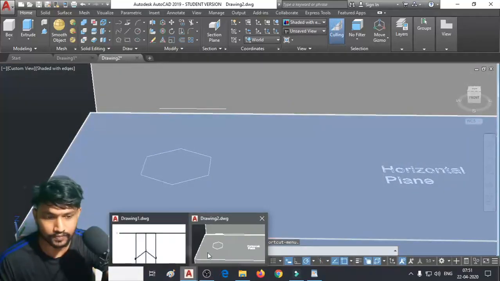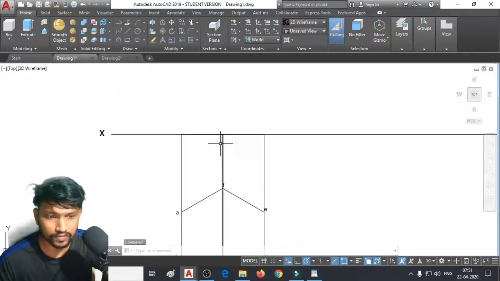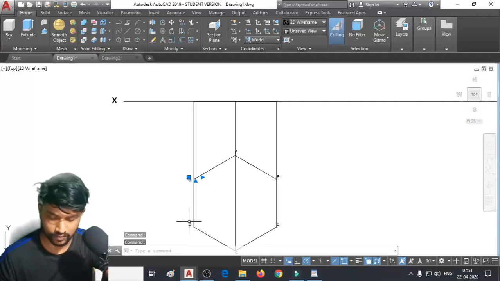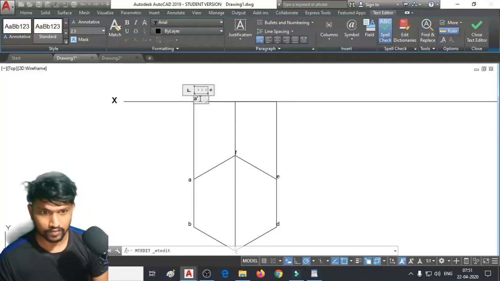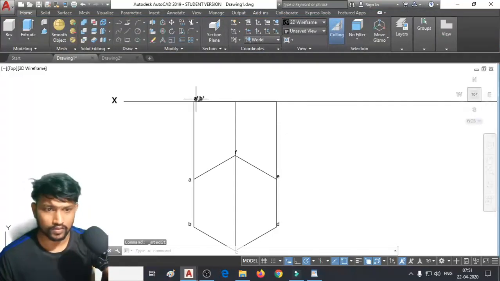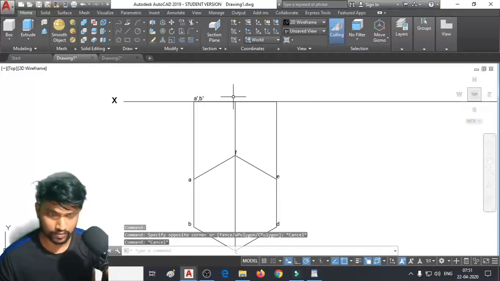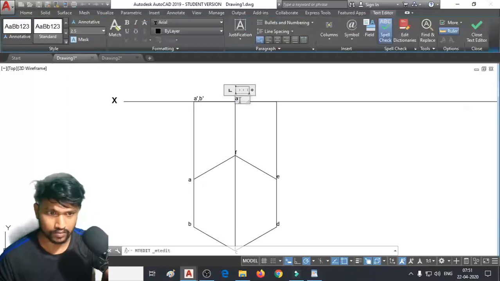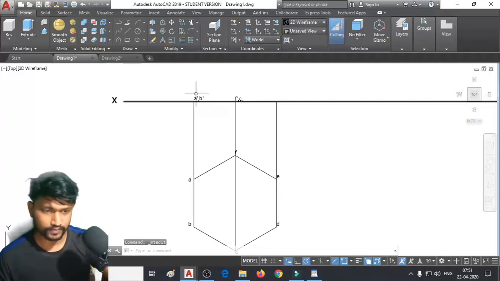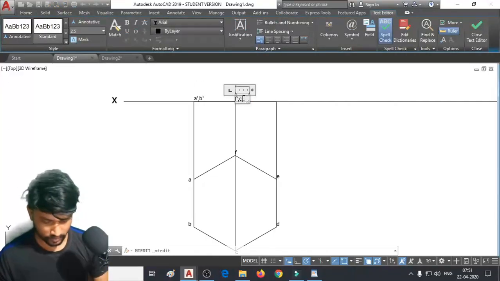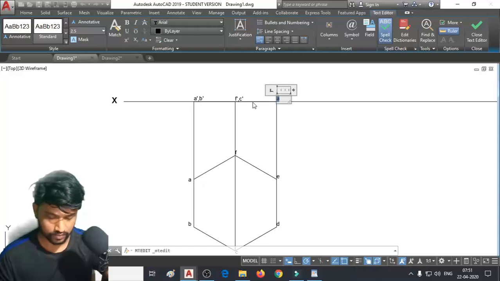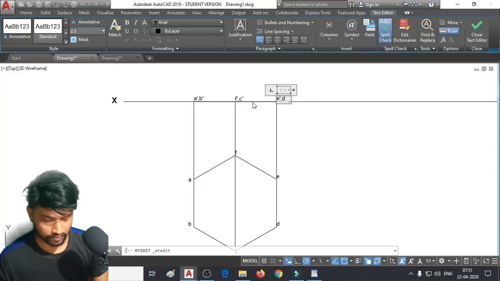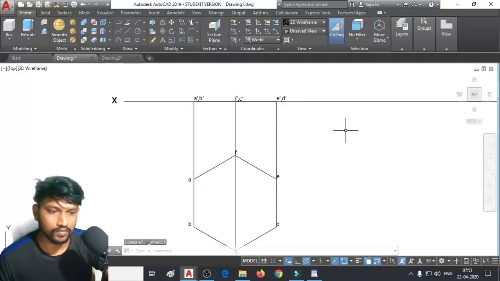And then now F dash comma C dash, E dash comma D dash.